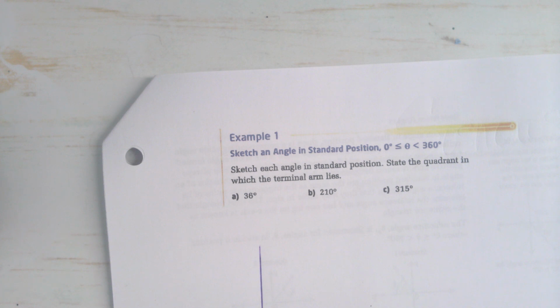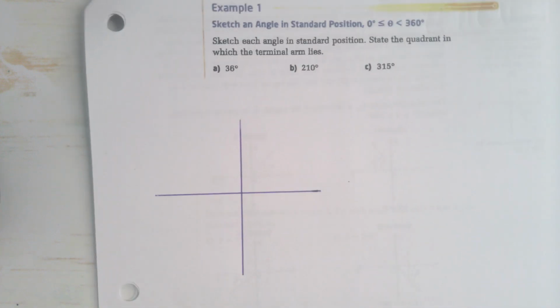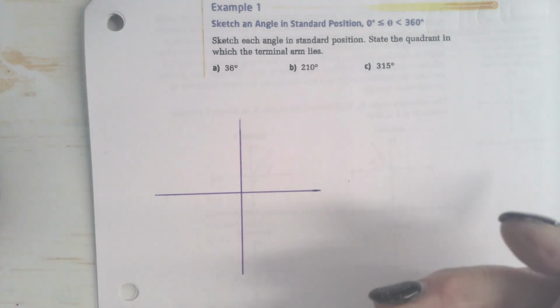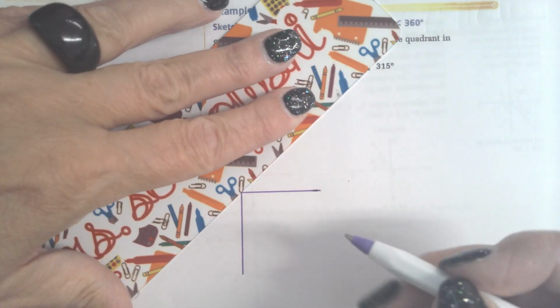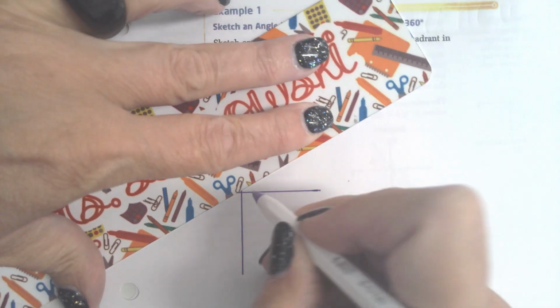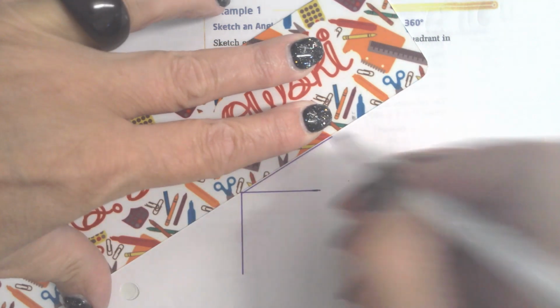It's to get a picture of where it is, right? If it's a 36-degree angle, what quadrant am I going to be drawing it in? Quadrant 1. Will I draw an angle that's super huge? No, I'm probably going to draw something a little smaller, right?